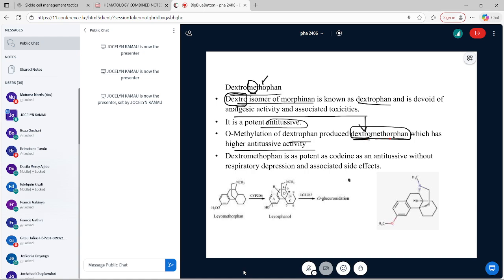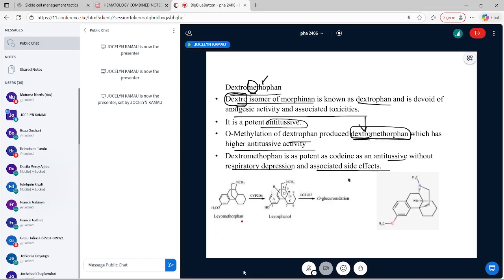Then the methyl at position number 3 has further reduced the abusive potential of that compound, but introduced the antitussive activity. Dextromethorphan is as potent as codeine as an antitussive without respiratory depression and associated side effects, because the structural modification, as we've already discussed, makes these compounds devoid of analgesic activity and toxicity, as we already mentioned.